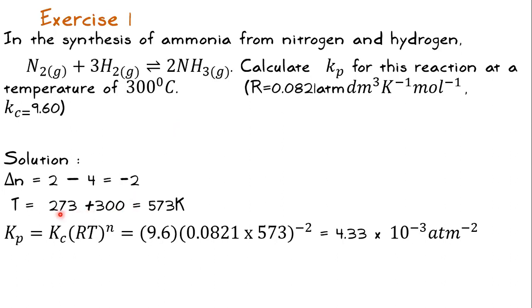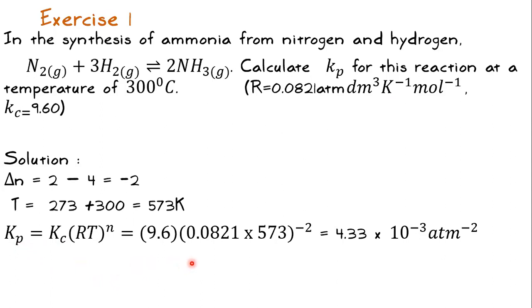To change the temperature from degrees Celsius to Kelvin, we just add 273. So we added 273 to 300, we got 573. Then you substitute the values into the expression we derived relating Kp to Kc.